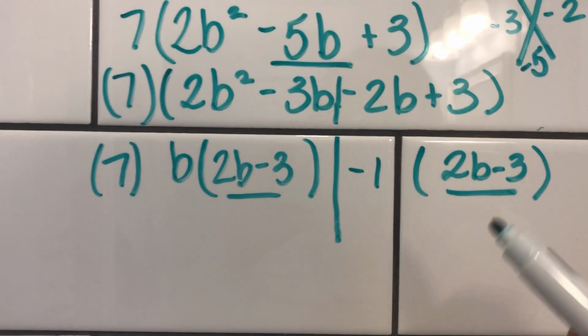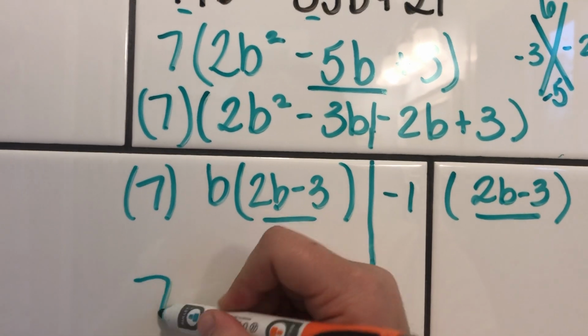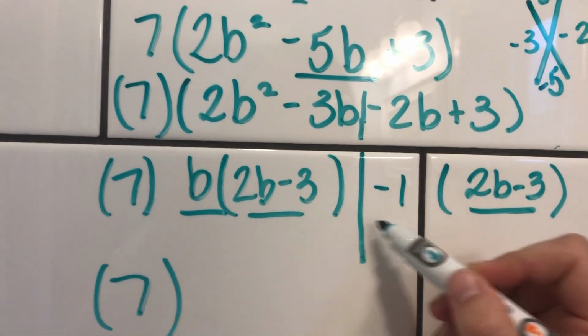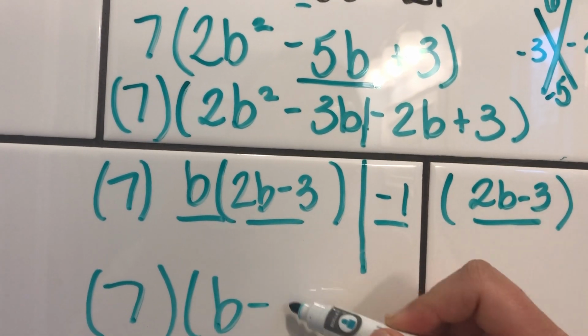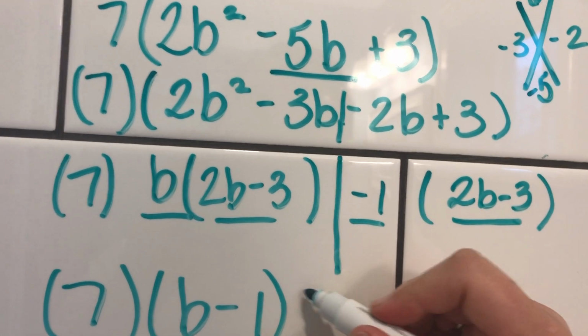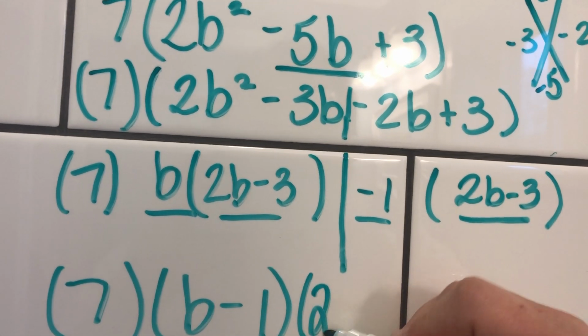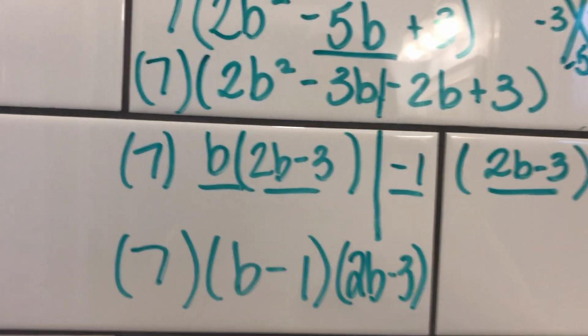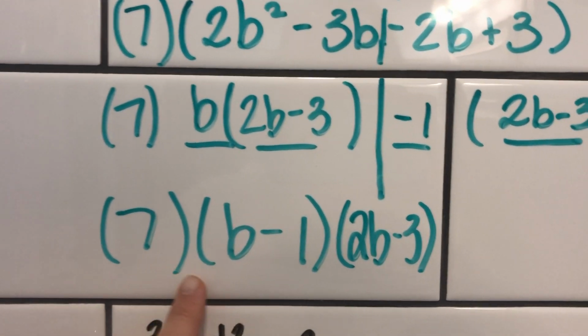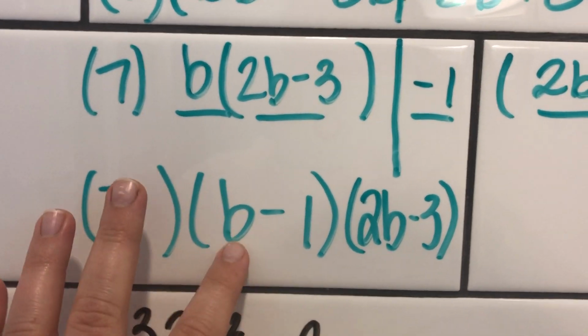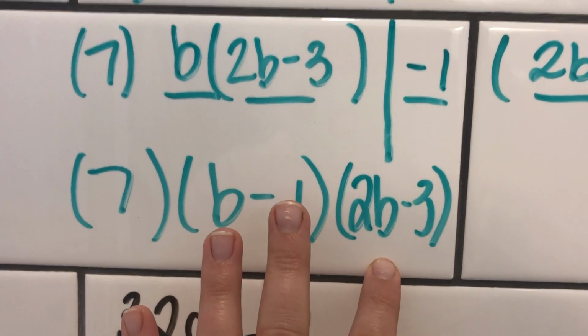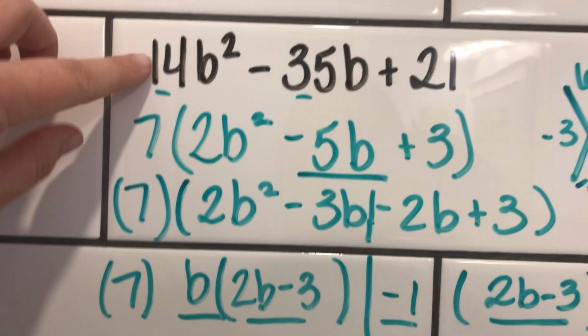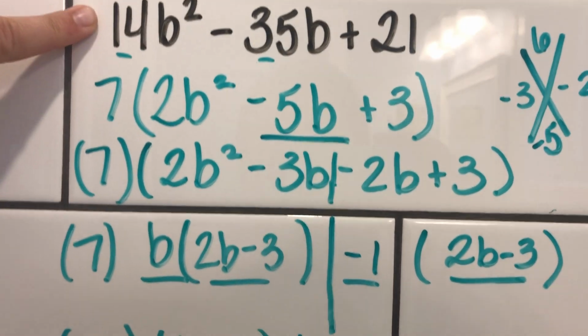That's up to you. What I do know is I have a 7 out front. I know that this makes my second binomial, although the order doesn't matter. You could also flip these all around if you wanted to. Times 2b minus 3. And this is factored completely. If I multiplied these 3 factors out, multiplied them by each other, I would end up with my original trinomial up here.